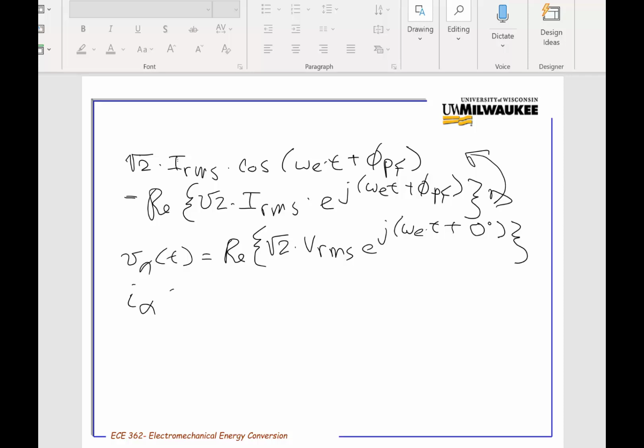And then the I alpha of t would be square root of 2 I RMS e^(j omega_e t) plus phi power factor.